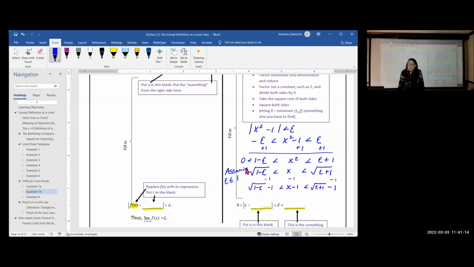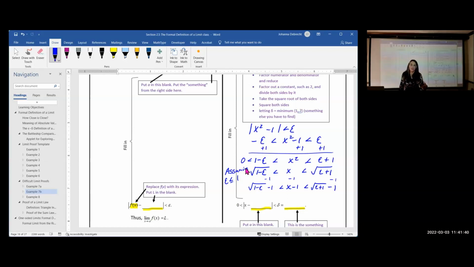Now this next step is the tricky step, all right? The tricky step in that you have to think about the relative sizes of what you have now. When we look at this 1 minus epsilon, in order to take the square root, we had to assume that epsilon was smaller than 1. And that means that since epsilon is strictly positive, this 1 minus epsilon is now a number less than 1.